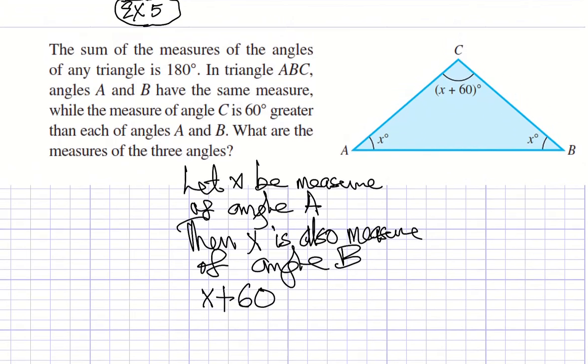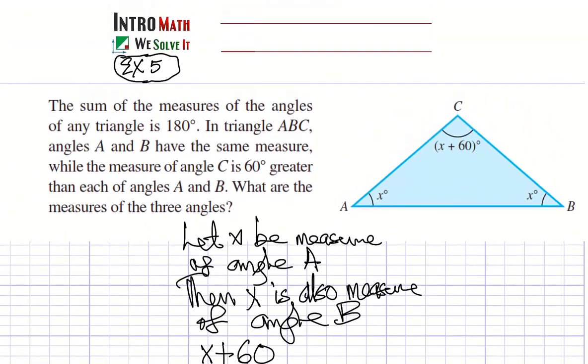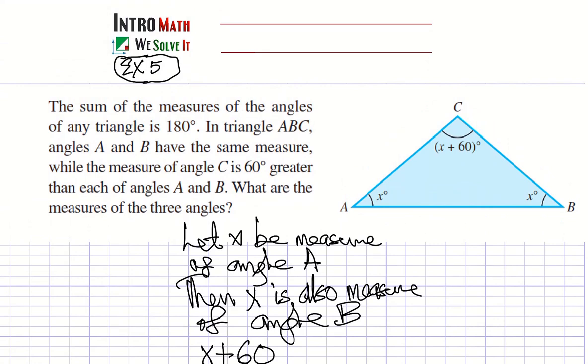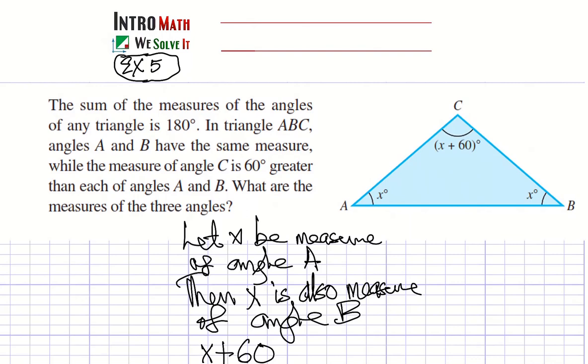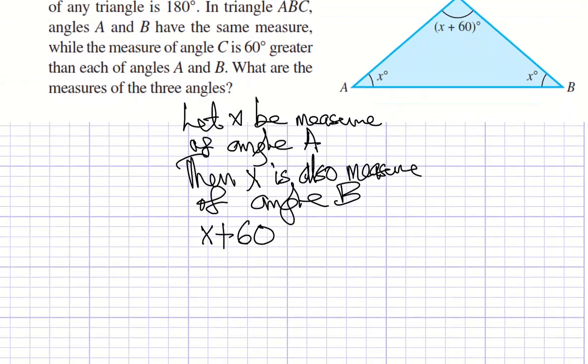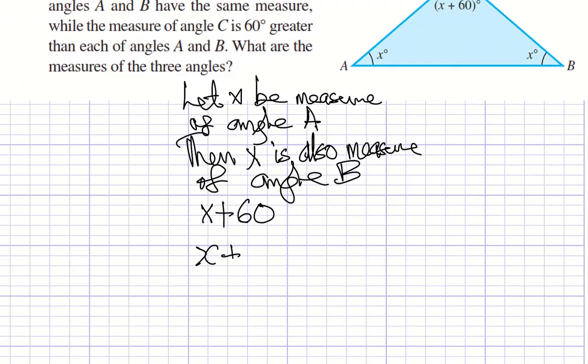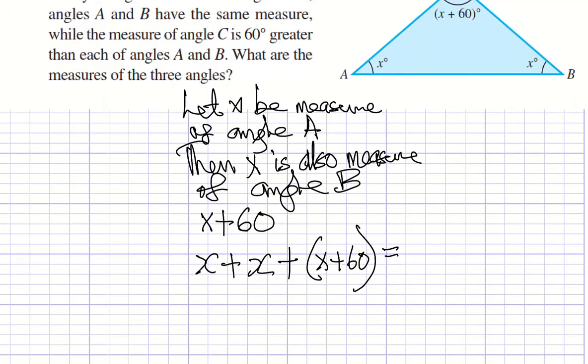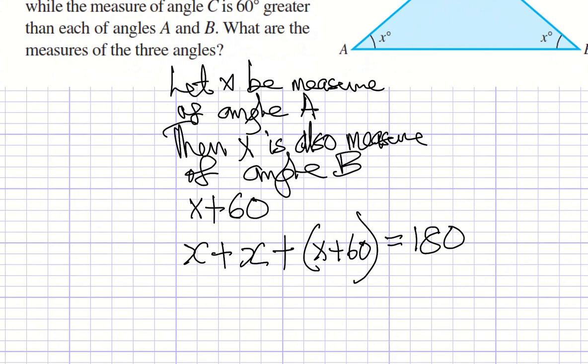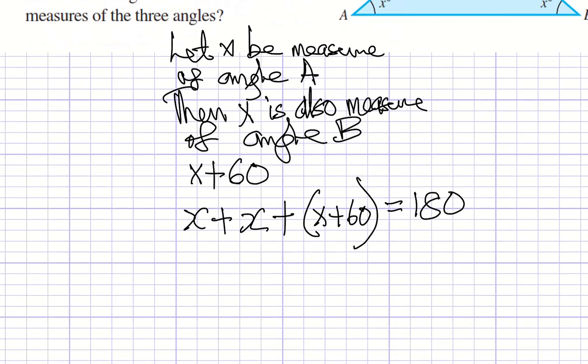By definition, if you add all the angles together, it gives you 180. So basically the problem is saying x plus x plus x plus 60 is equal to 180. All this is in degrees, so we're not going to worry about the degrees.